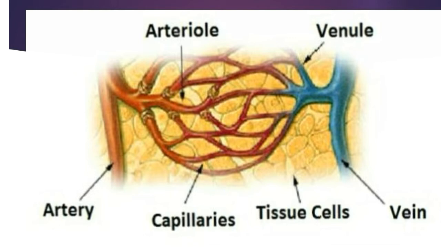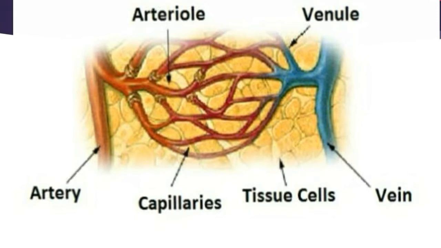For example, 10% fluid is input on the arterial side, but output is only 9% on the venule side. So the question arises: where is the 1% fluid? That 1% of fluid remains in the tissue, we consider it lymph, and this lymph is drained by the lymphatic system.